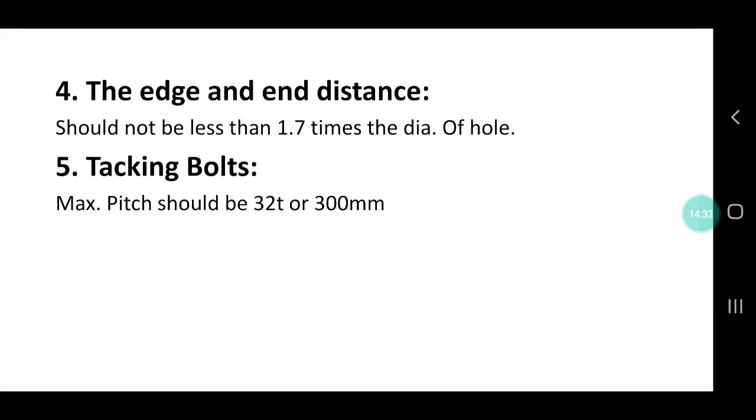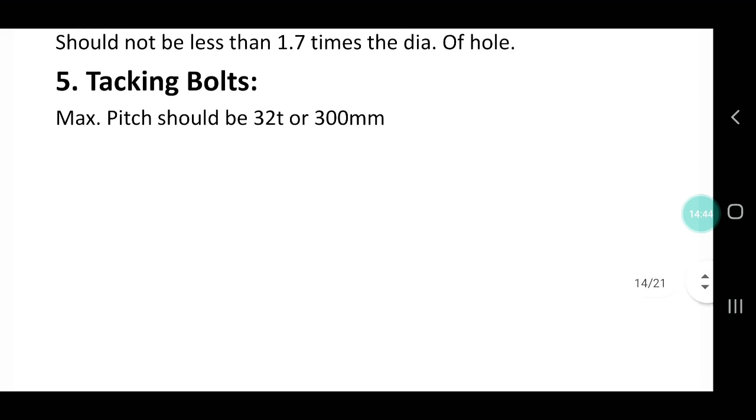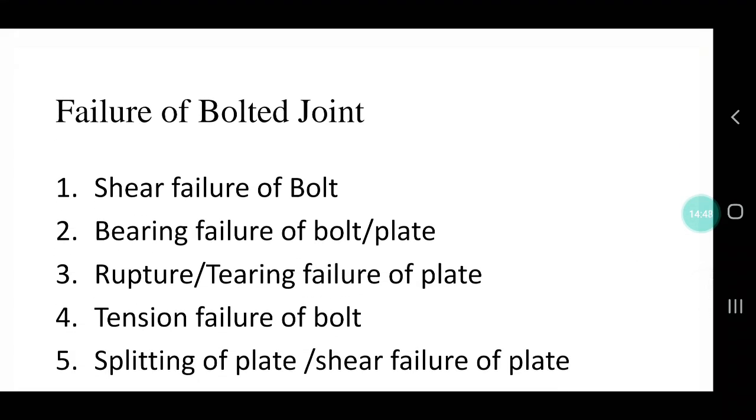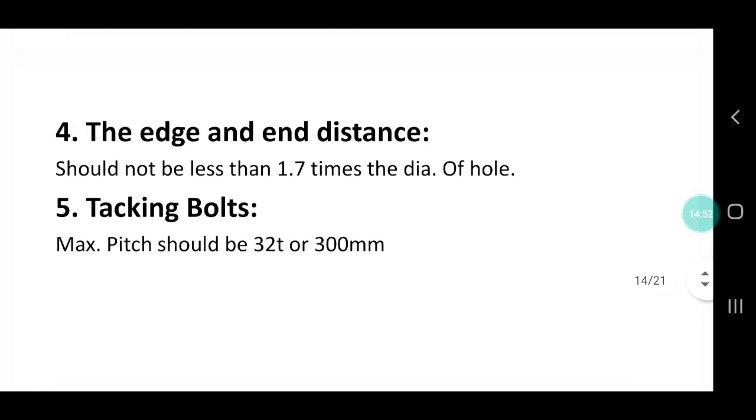So these are the different specifications we have learned in today's lecture, and in the next lecture we are going to see the failure of a bolted joint. Why should we study the failure of bolted joints? There are 6 types of failure.